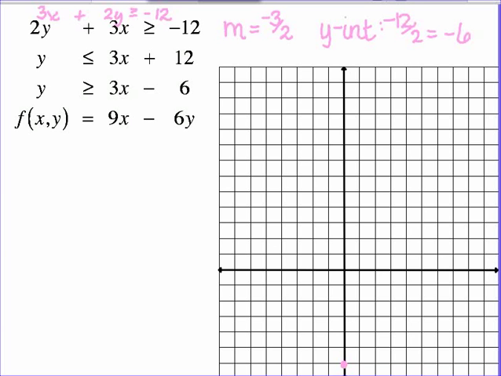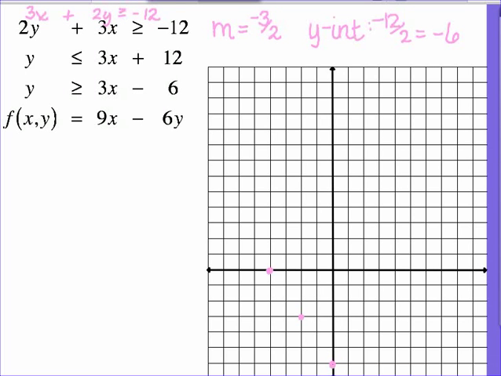Negative 3/2 means you go down 3 and over 2. In this case, I'm going to go up 3 and to the left. Let's go ahead and draw our line in.